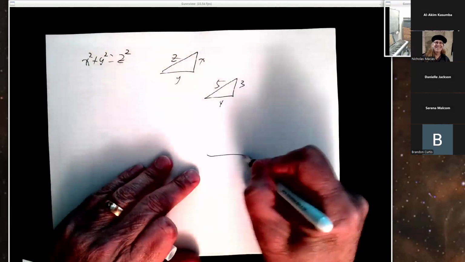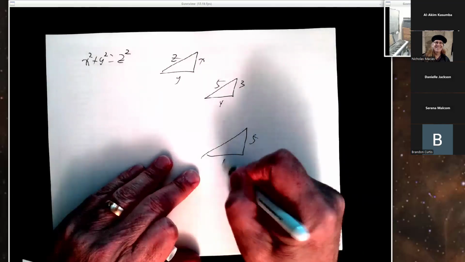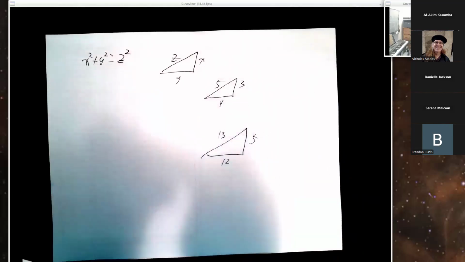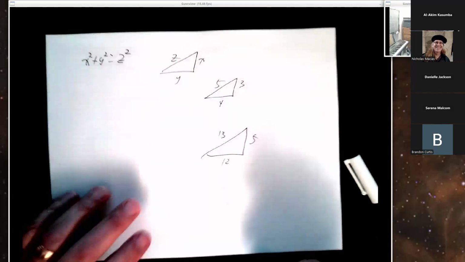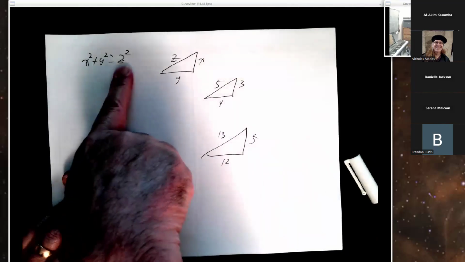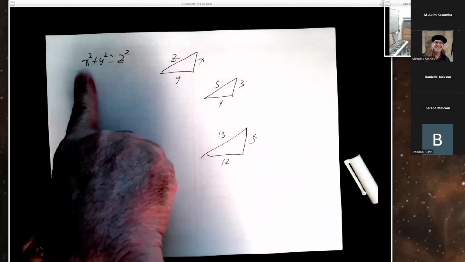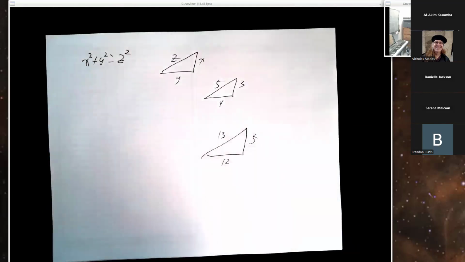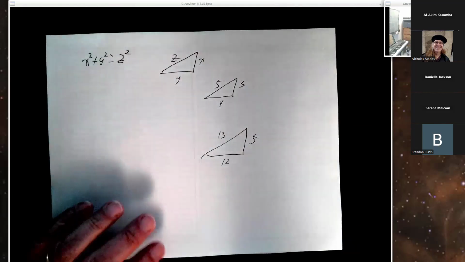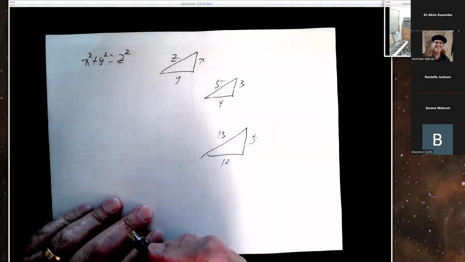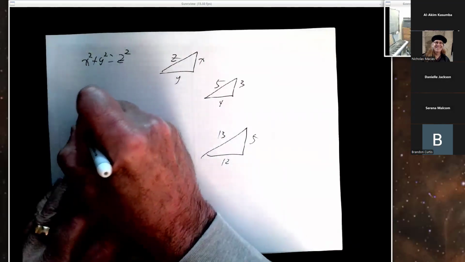Or 5, 12, 13. So there's lots of integer values x, y, z that satisfy this relationship. So being curious, they asked, well, what about with cubes?